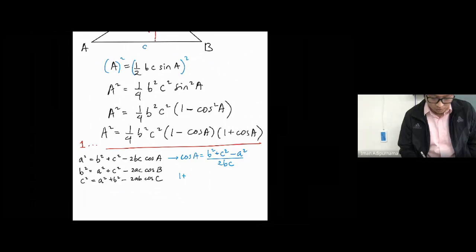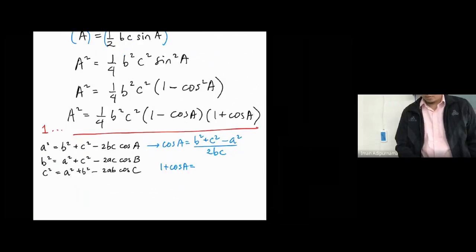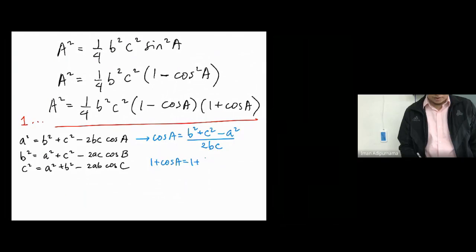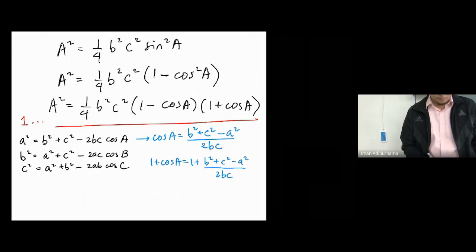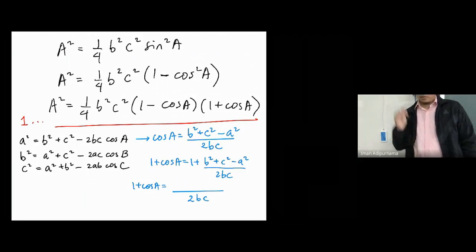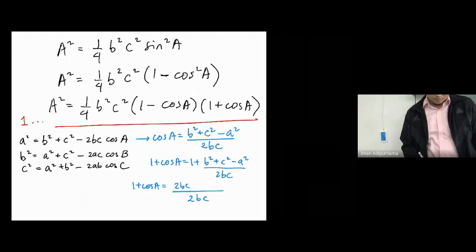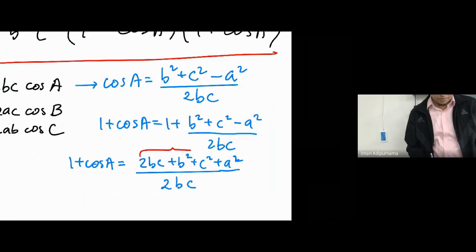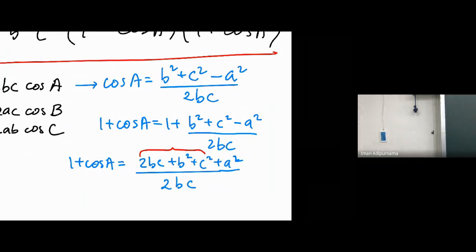And then let me add 1. So 1 plus cos A is (2bc plus b squared plus c squared minus a squared) over 2bc. Here b squared plus 2bc plus c squared is our quadratic formula, right?